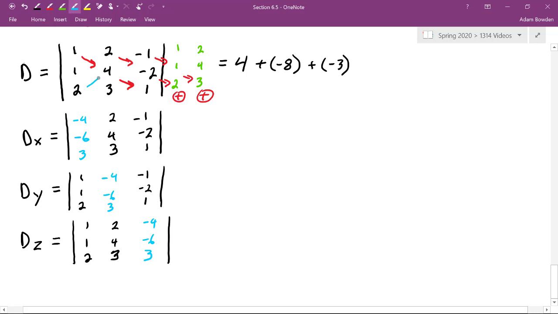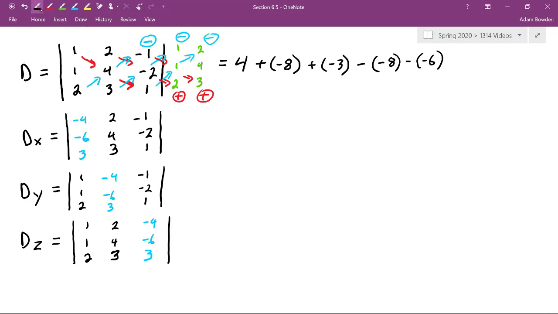And then we start multiplying up and to the right and subtracting. So 2 times 4 times -1 subtracted is minus -8. Multiplying up and to the right and subtracting, we do minus -6. Then multiplying it this direction, 1 times 1 times 2, minus 2. So lots of numbers there, but when you put them all together, it's going to come out to be 5.